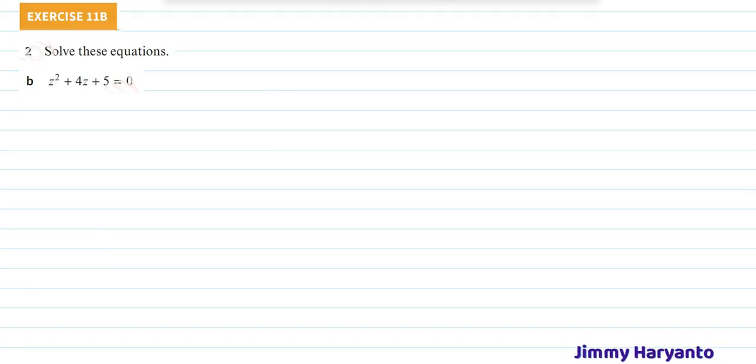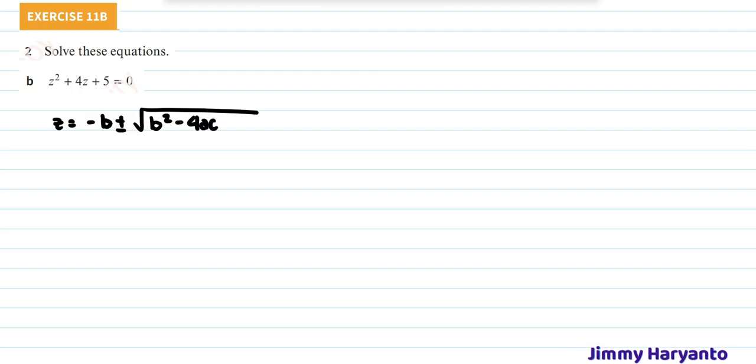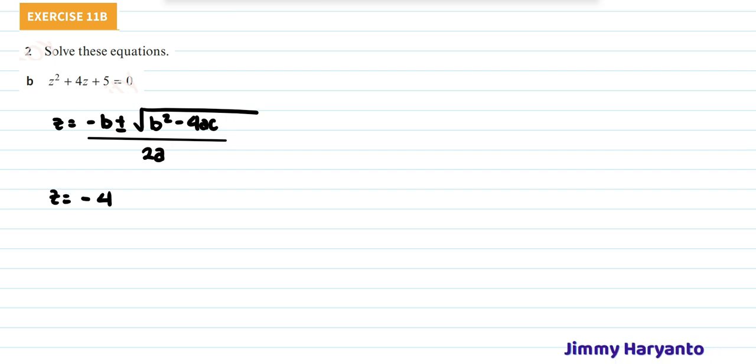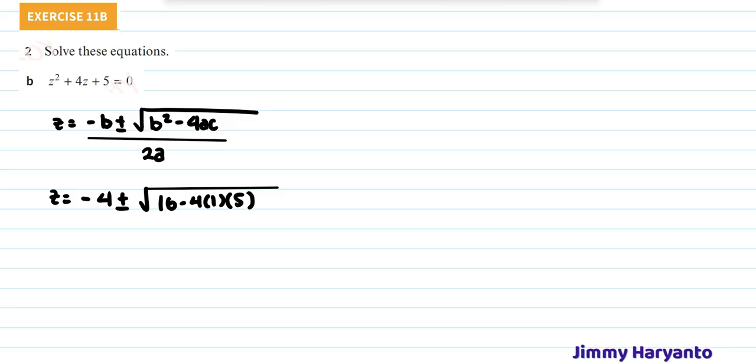Next is 11b. For 11b, we have to solve this. Usually in this chapter, we cannot use factorization. That means we have to use the ABC formula. So the formula says negative b plus minus square root of b squared minus 4ac over 2a. So let's input all of the values. First, b is 4, plus minus square root of b squared. b squared is 16 minus 4 times 1 times 5, which is 20.